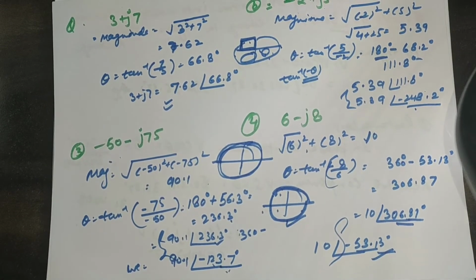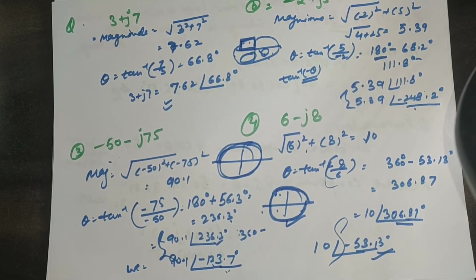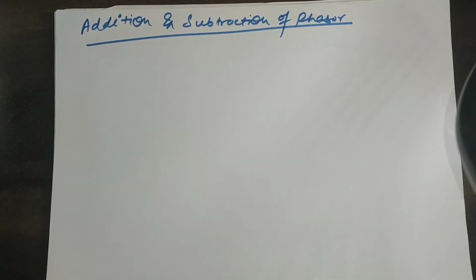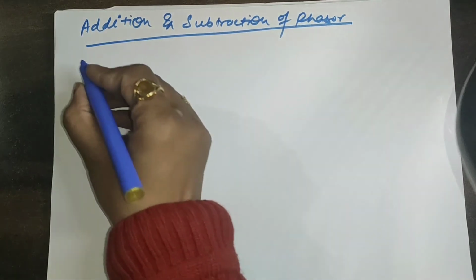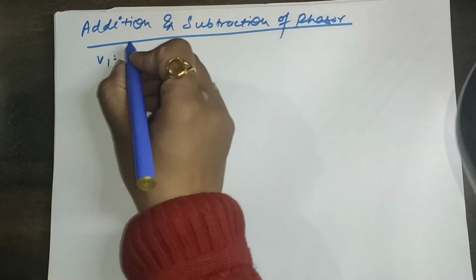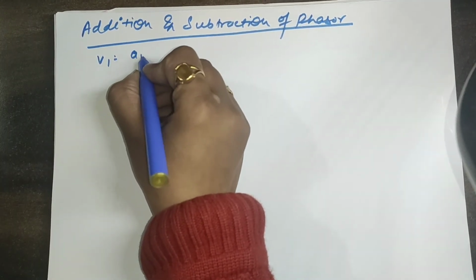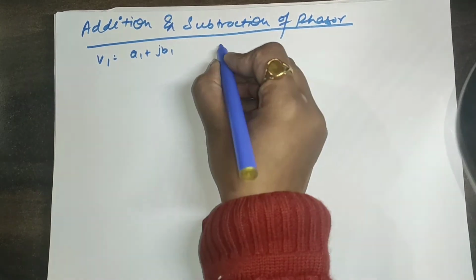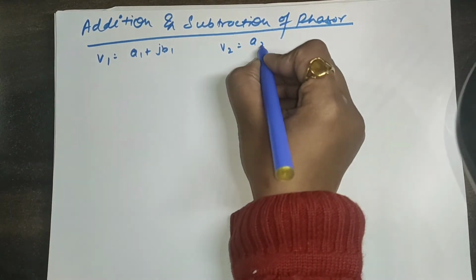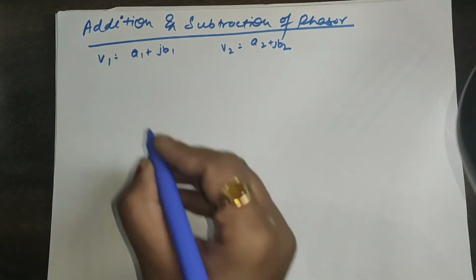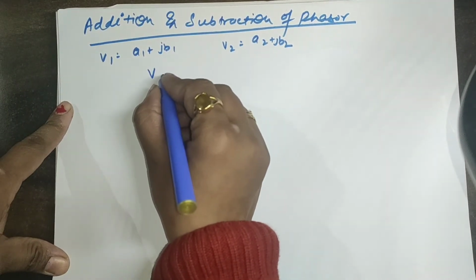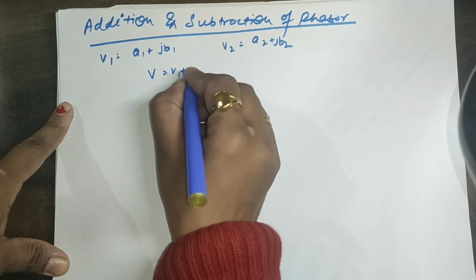Now we will do addition and subtraction of phasors. First of all, let's suppose two phasors are there, V1 equals A1 plus j beta 1 and V2 is A2 plus j beta 2. We have to do the addition, V equals V1 plus V2.